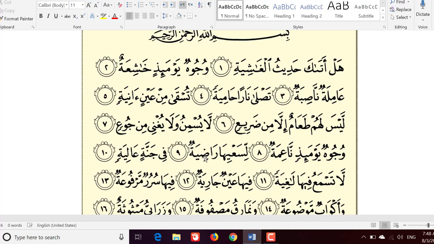Okay? And so here in ayah number 2, it says, Wujuhun yawma idhin, on that day. So this is coming in between the subject and the predicate, probably because usually if the subject and the predicate follow one another in those four things that adjectives do, then you'll probably have something that will divide it.